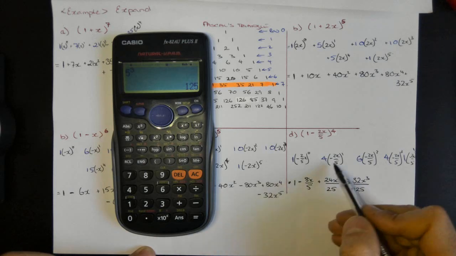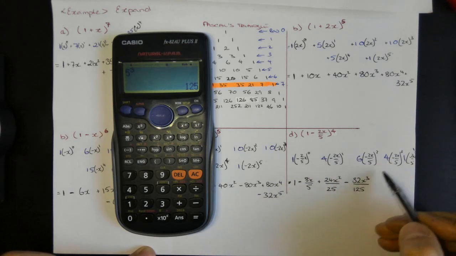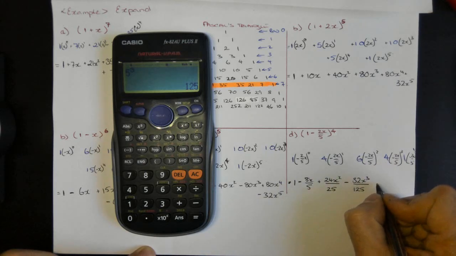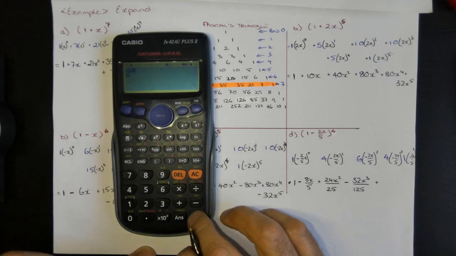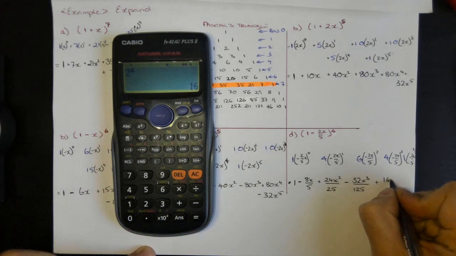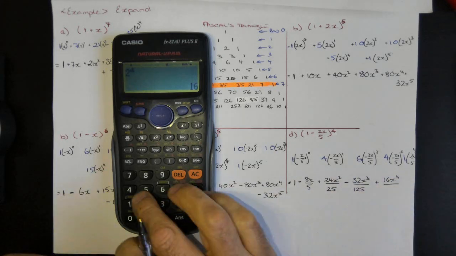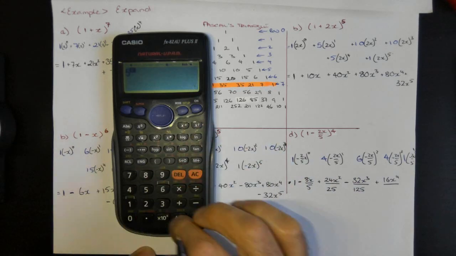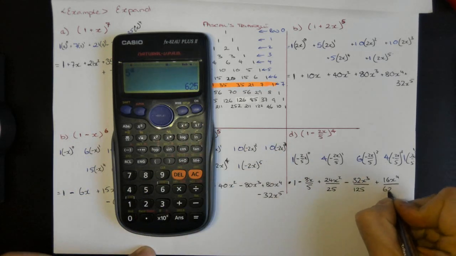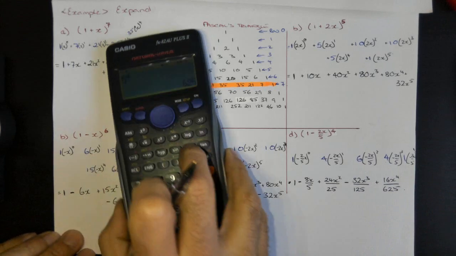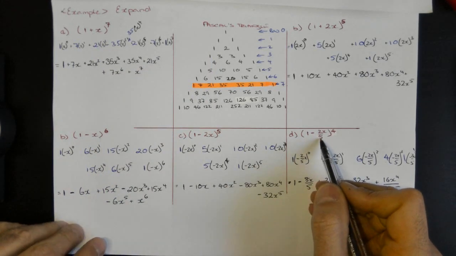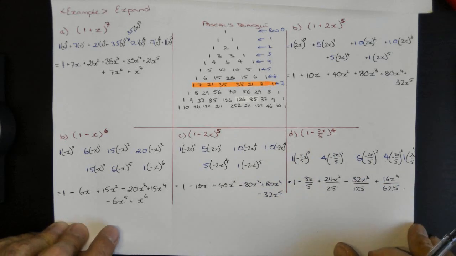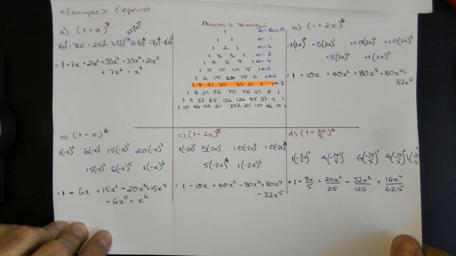Okay, so that's that. And lastly, we want it to the power of 4, so this is going to be positive. So 2 to the power of 4 becomes 16x to the power of 4 over 5 to the power of 4. Okay, so do not forget to square or cube the denominator as well for those examples.